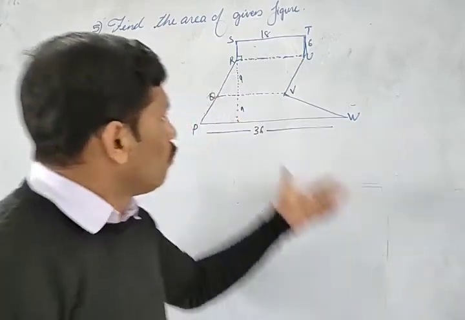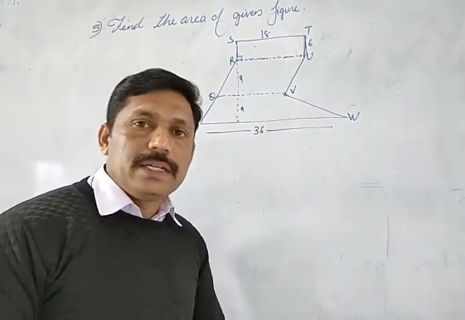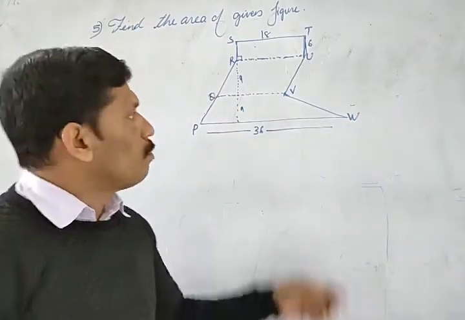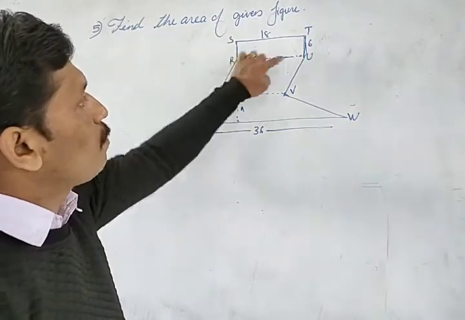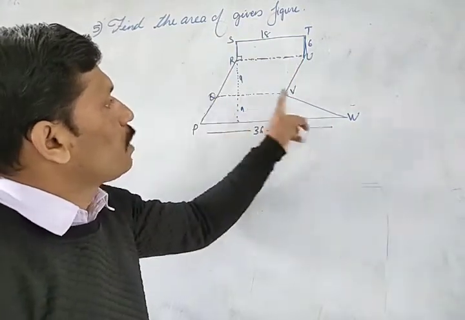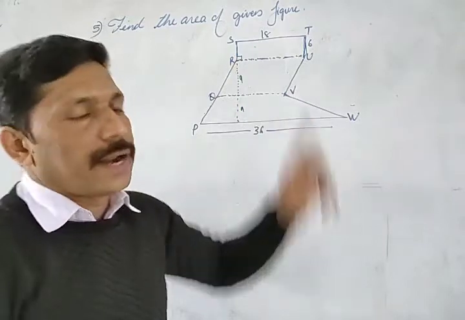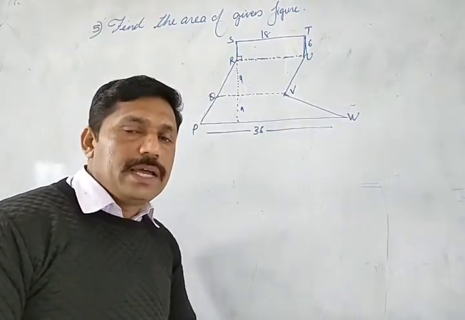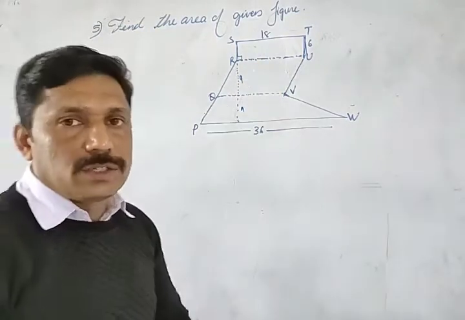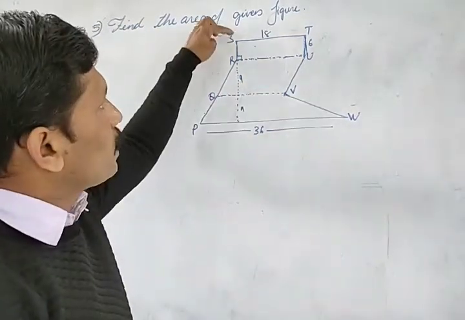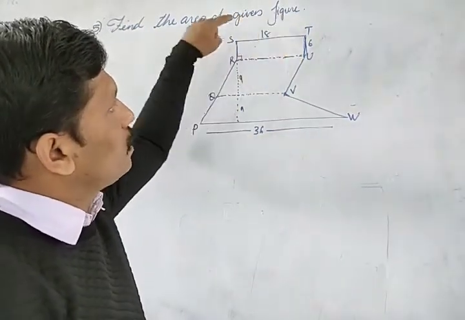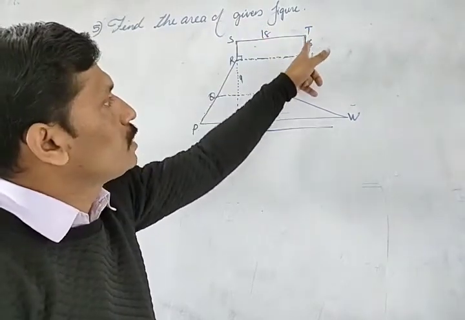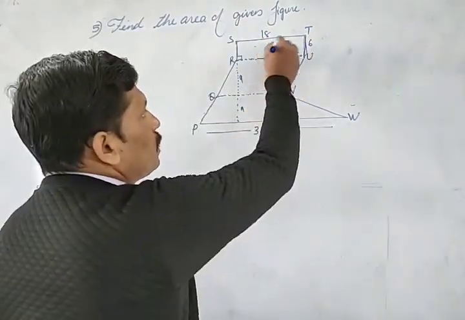Everybody listen. One figure is given. Find the area of this figure. This composite figure consists of one parallelogram, one trapezium and one rectangle. So the area of the total figure is equal to the area of all these figures together. Here for the rectangle, the length is given as 18 square unit and the breadth is given as 6 square unit. So this is the first figure.